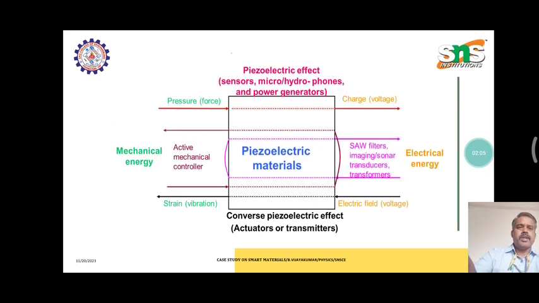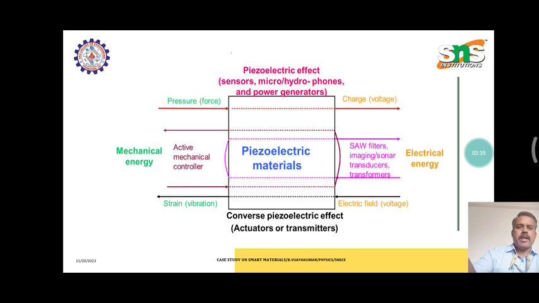First we discuss piezoelectric material. This material works on the piezoelectric effect. It consists of sensors, microphones and power generators. Mechanical energy is converted to electrical energy, so this is energy conversion from one form to another.